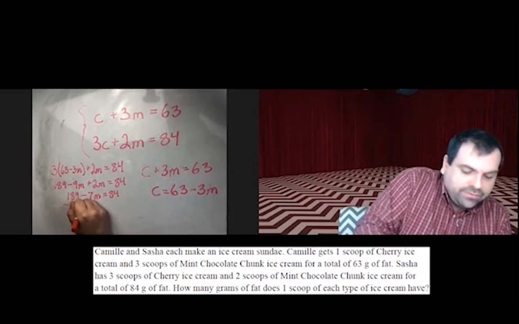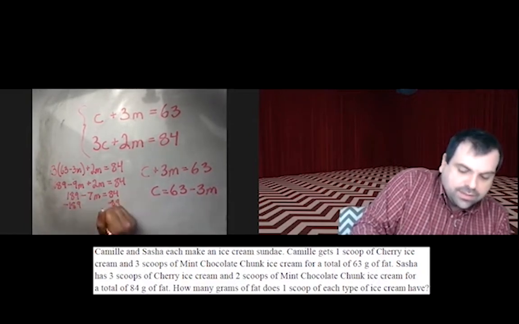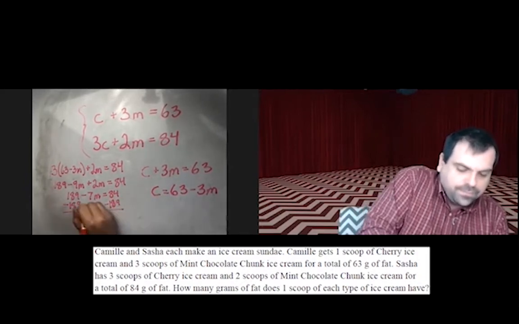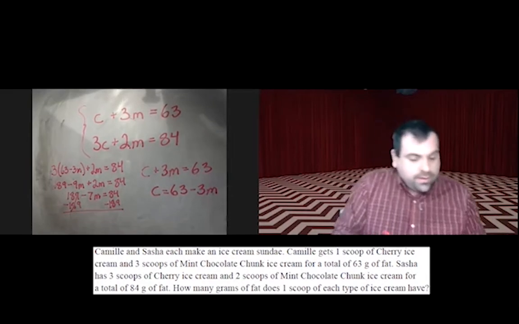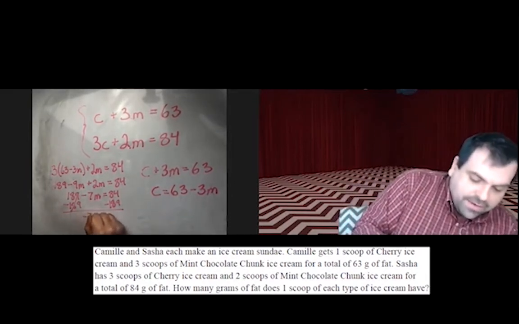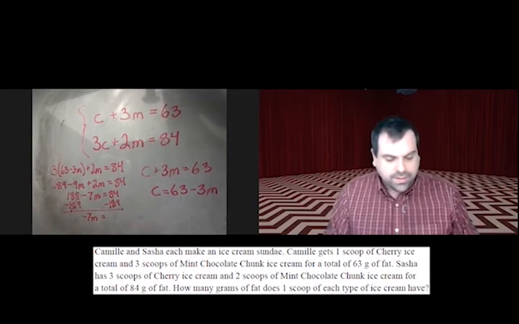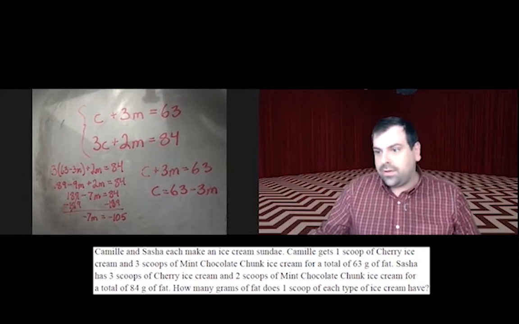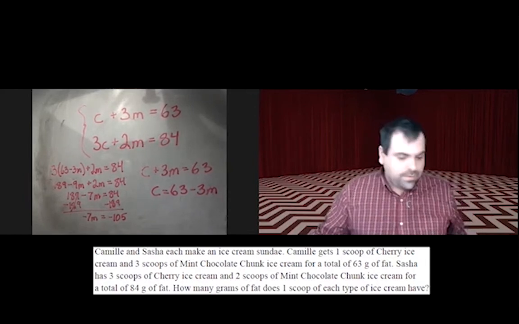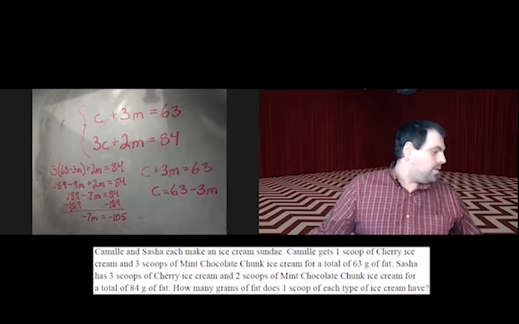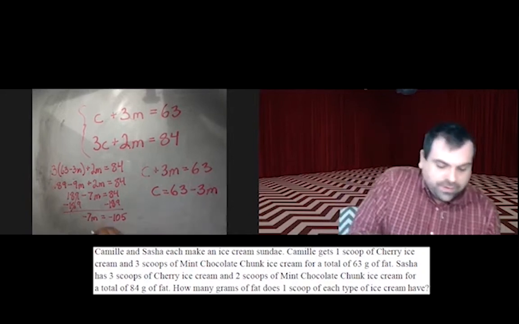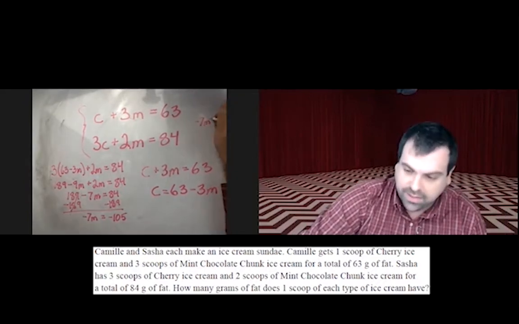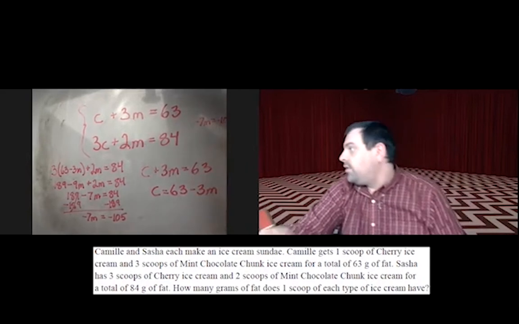Subtract 189 from both sides. That's going to give me -7m equals -105. If I divide both sides by -7, so -7m equals -105.